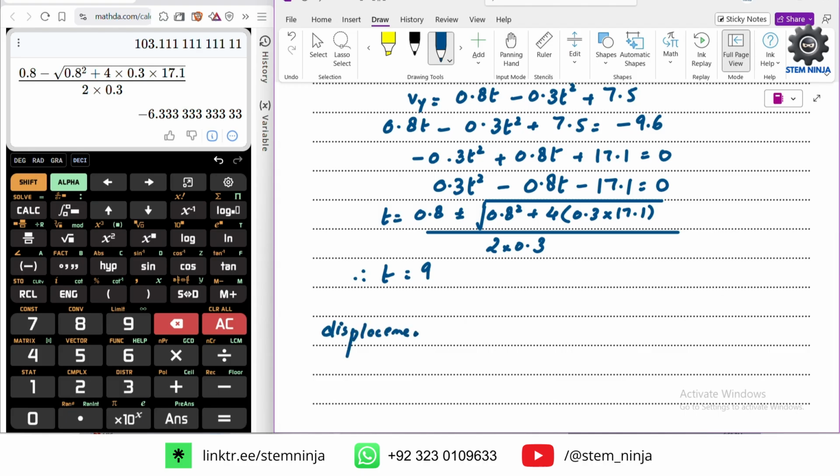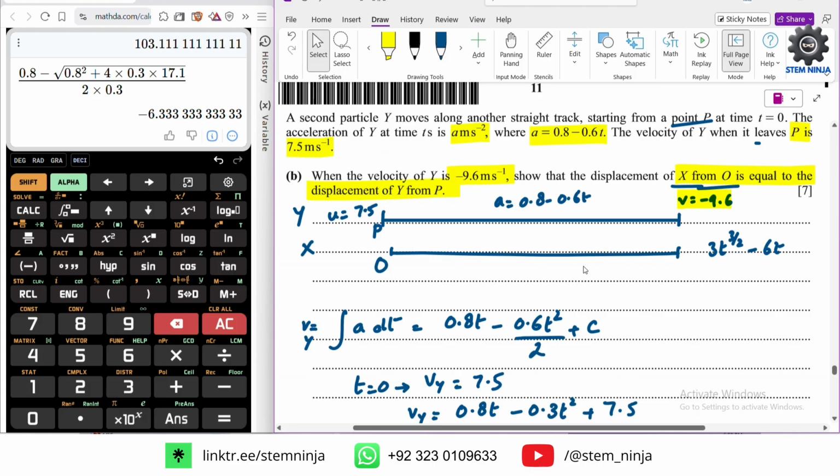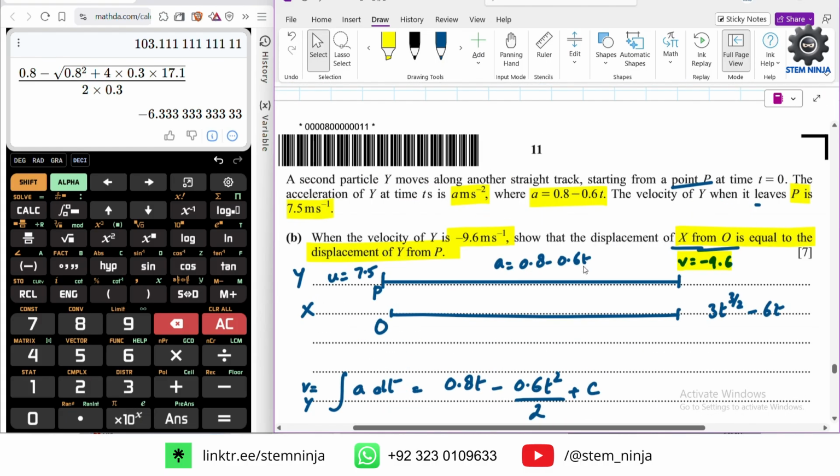displacement of x at t equal to 9 seconds. We need to see that. Actually wait, we need to further integrate this also.